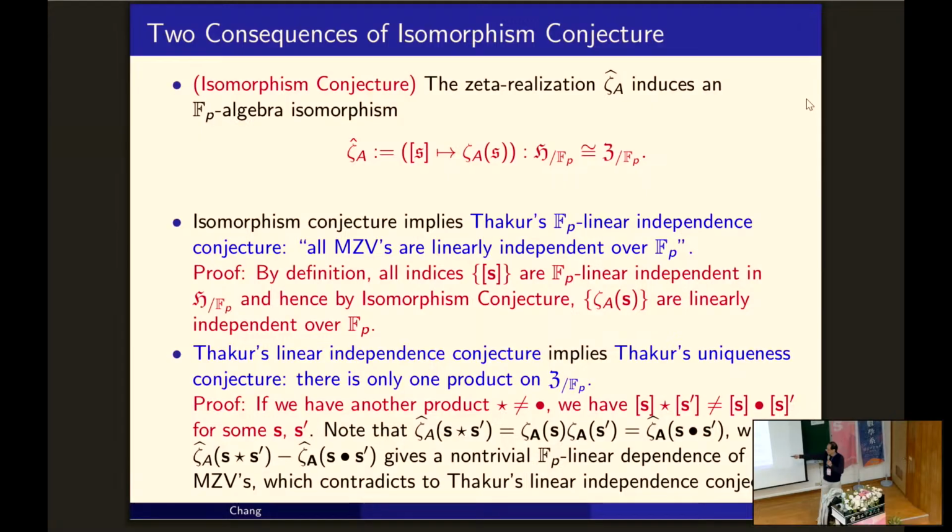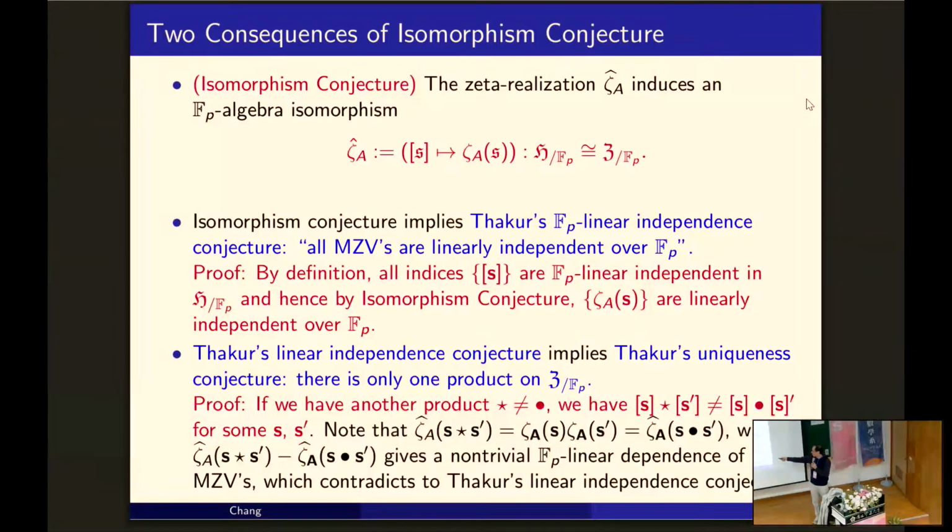But once you take the zeta realization, they are both equal to the product of zeta(S) and zeta(S prime). But these two products are different. Namely, you subtract S star S prime and S bullet S prime, which is a linear combination of some other indexes.